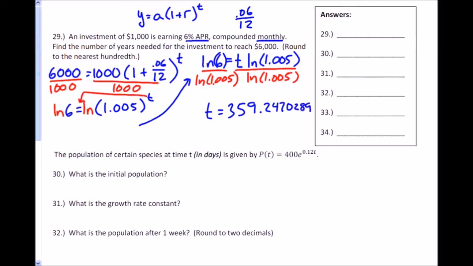However, this is in months, and I don't want this in months. I want it in years because that's what the question asked me for. Okay, so I have to divide this answer by 12 to get the number of years. I'm going to plug that all in, and I'm going to round it to 2 decimal places now, 29.94 years. Okay? So again, make sure you're aware of which units you're using and make sure they match.